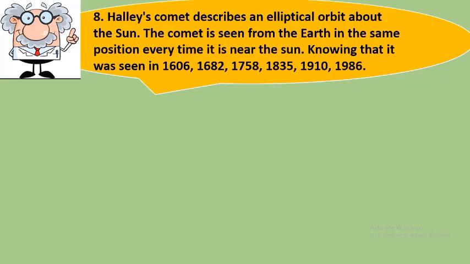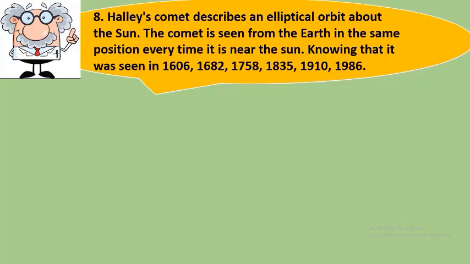Exercise 8. Halley's Comet describes an elliptical orbit about the Sun. The comet is seen from the Earth in the same position every time it is near the Sun. Knowing that it was seen in 1606, 1682, 1758, 1835, 1910, and 1986.